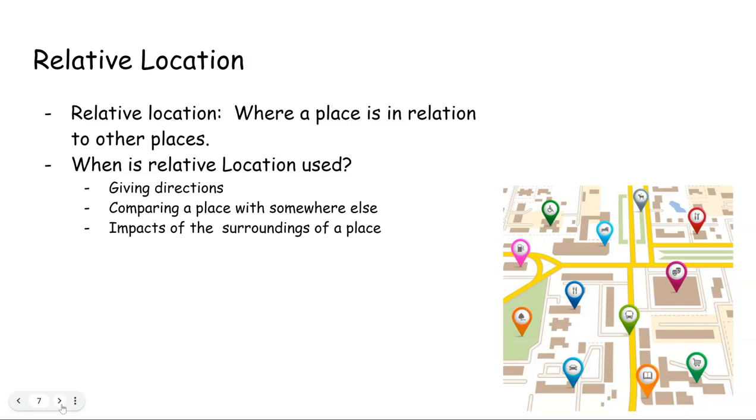When is relative location used? Most times, giving directions or helping someone understand where something might be if they've never been there before, or giving them a general idea of what to look for if they're driving. I personally prefer to use my GPS when I am traveling, but I know plenty of times I've asked family members, hey, how do I get to this new store?